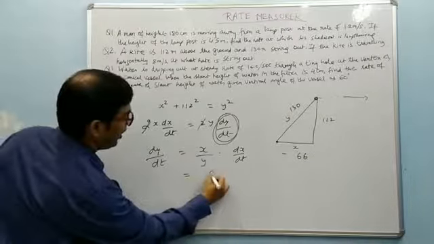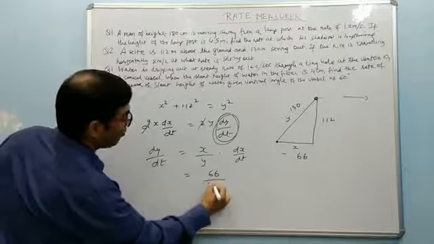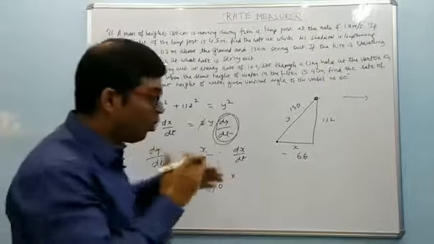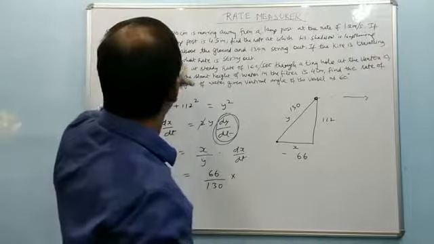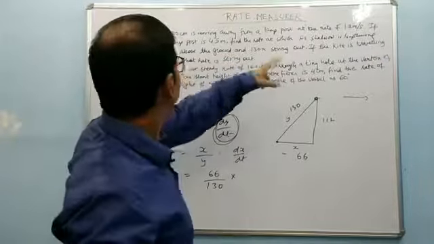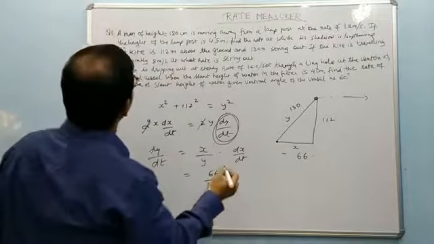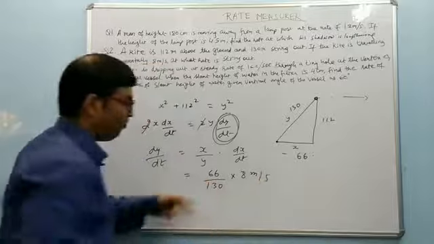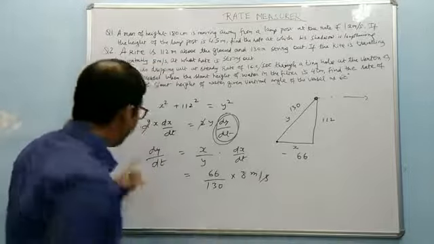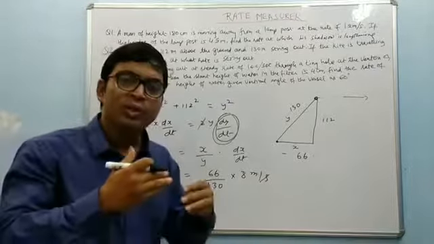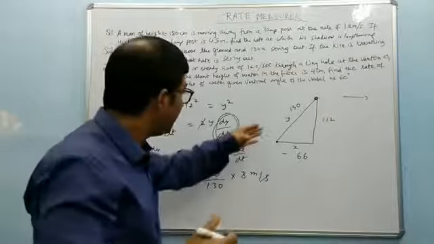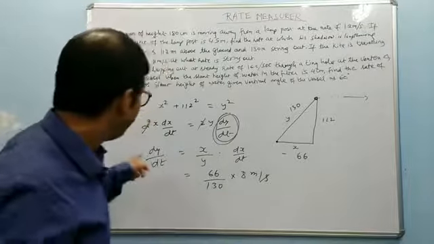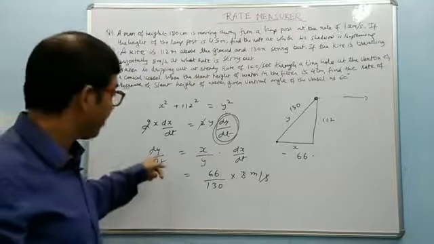You just put it here, 66, y we got 130, and dx by dt, that means how horizontally it is moving, it's given. The kite is traveling horizontally at 8 meter per second. You just simplify this thing, you will get how fast the string of the kite is laid out, the rate of change of the length of the string.